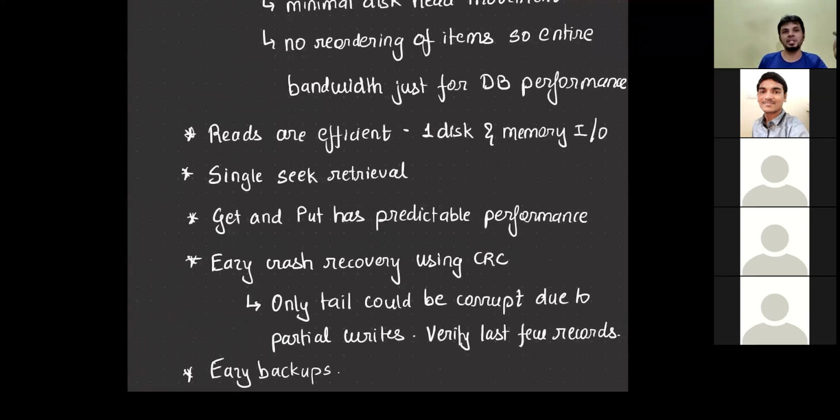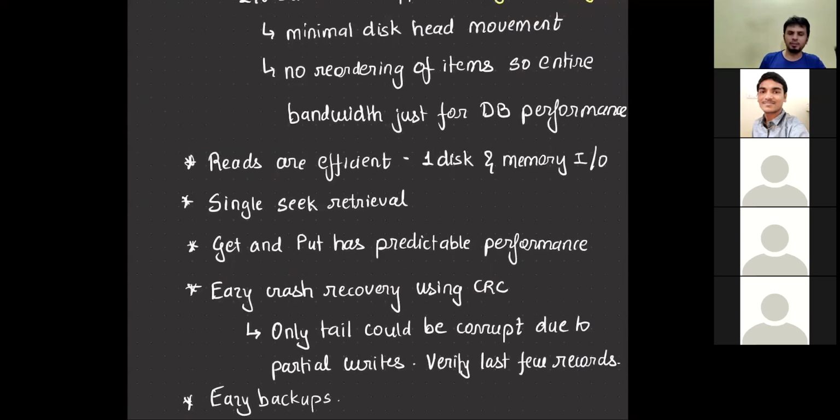You have easy crash recovery using CRC, rather crash detection, not recovery. Only the tail could be corrupted due to partial writes, because the earlier writes are done, so only the final write would be affected during crashes. And backups are very simple: just copy the files within that folder and your data is backed up.